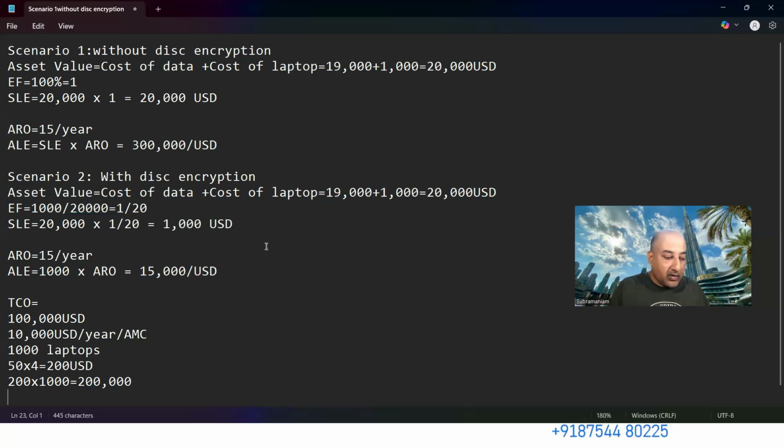So 200,000 US dollars is the effort spent on encrypting it, and 100,000 is going to be the cost of the product. Over the period of 3 years, the annual maintenance charges will be 30,000 US dollars.